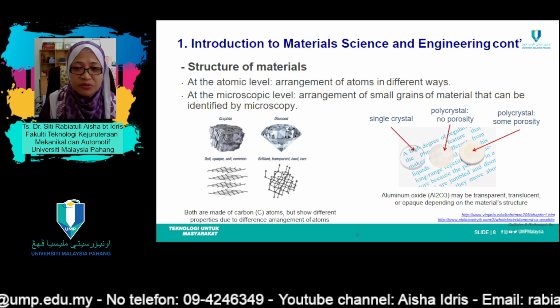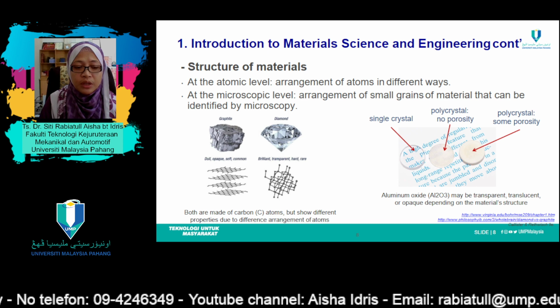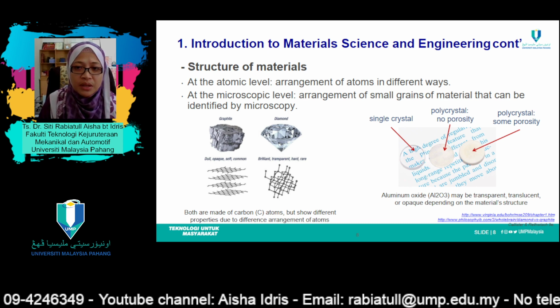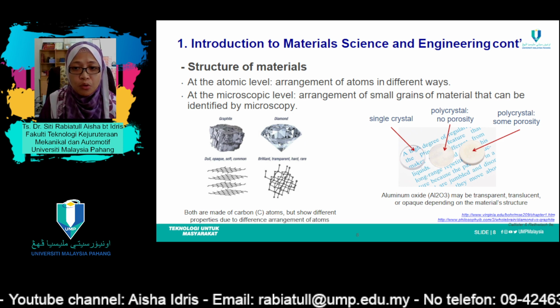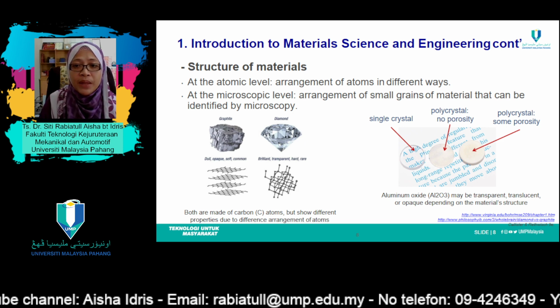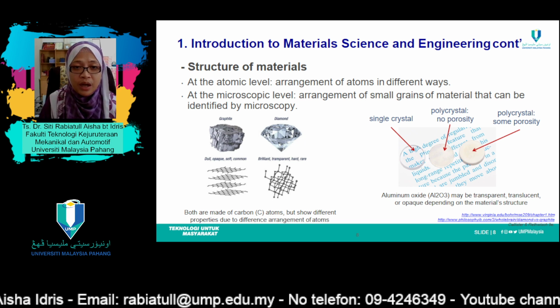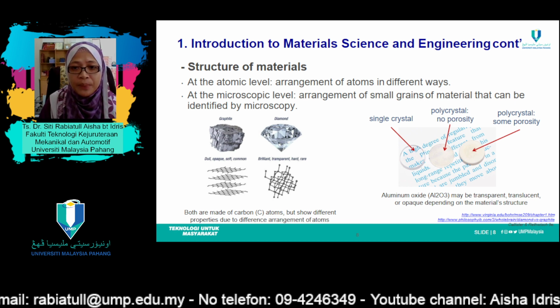In material science and engineering, there are structures of materials that we need to learn and know. For the structure of materials, there is the atomic level and also the microscopic level. For the atomic level, it is the arrangement of atoms in different ways. This will also be covered in this subject, in another topic.